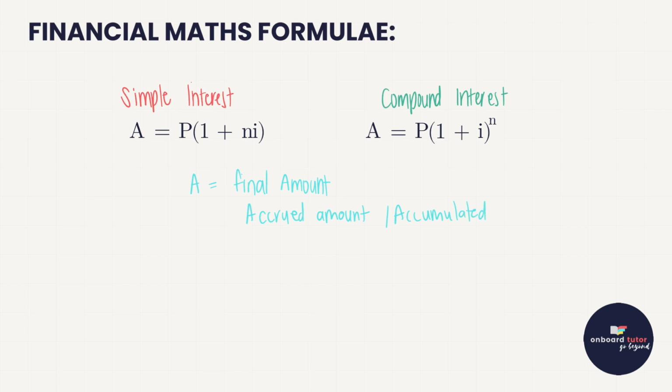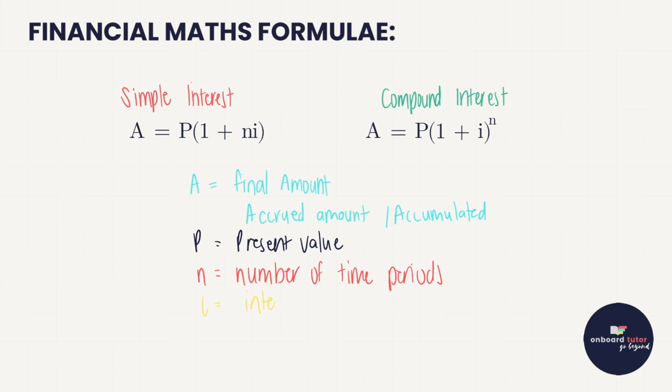P, most commonly just referred to as the present value, so the amount you invest initially. N is the number of time periods. And I is the interest rate as a percentage.